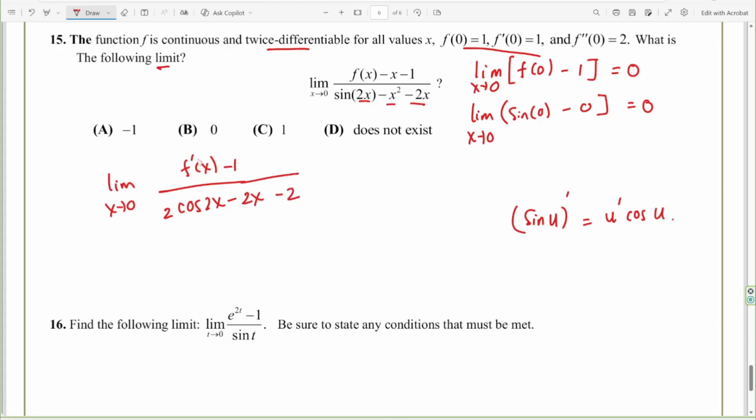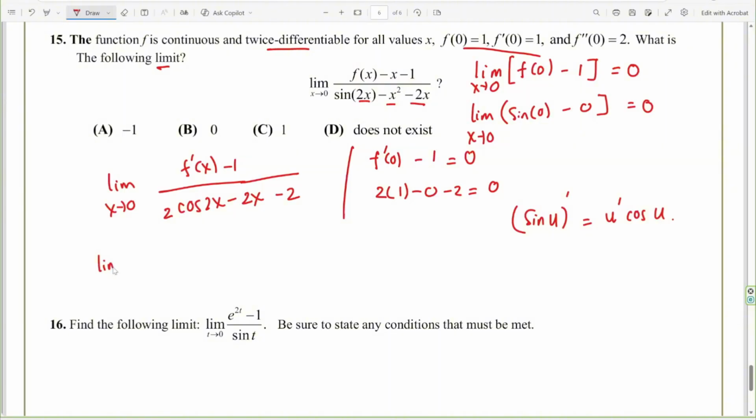We check to see if this one is still in the indeterminate form. Substitute 0 for s, so the top should be f prime of 0 minus 1, and f prime of 0 equals 1, so it could be 0 again. The bottom, cosine of 0 equals 1, so we have 2 times 1 minus 0 minus 2 equals 0 again, right? So the L'Hospital rule applies again.